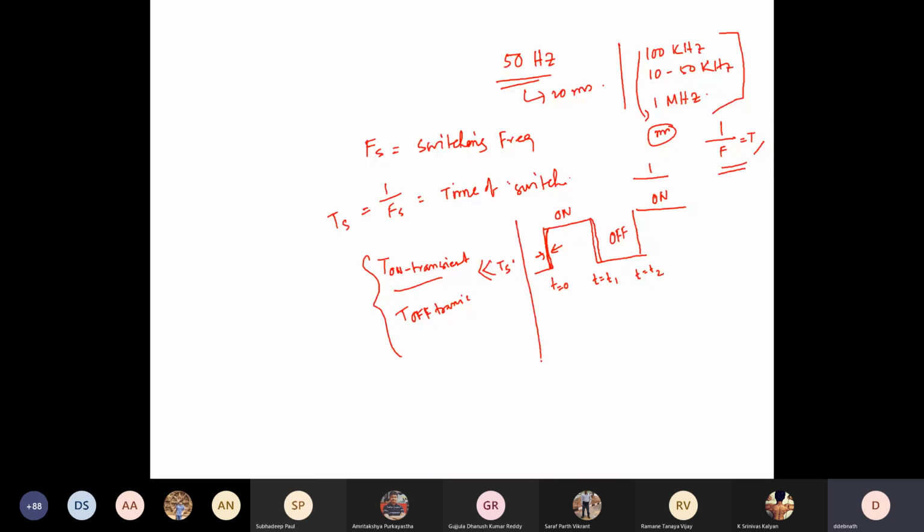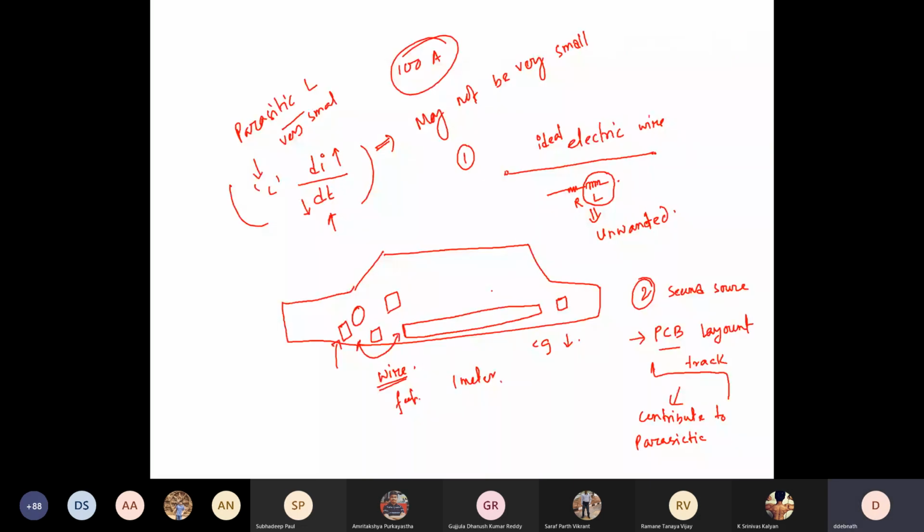So just try to imagine in your brain what time frame we are talking about. And that is the reason even a small inductance is creating a problem for us. Had it been a 100 Hertz, 50 Hertz system, I would not have bothered about this. But what we are dealing with is a very small time frame. Please, all of you try to understand this, and you need to appreciate this.